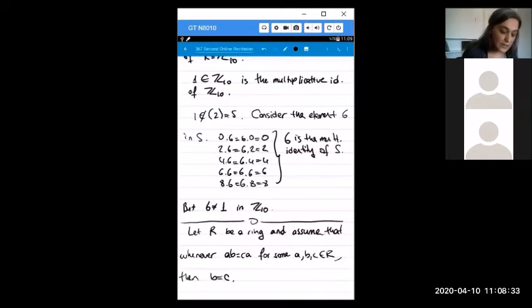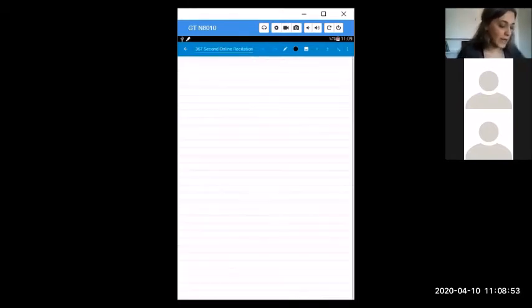Then in this situation, we are going to prove that R is a commutative ring. We are going to use this kind of cancellation to prove that our ring R is a commutative ring.